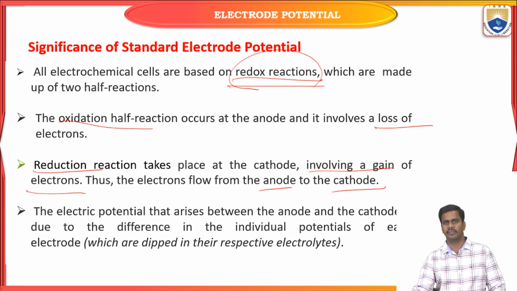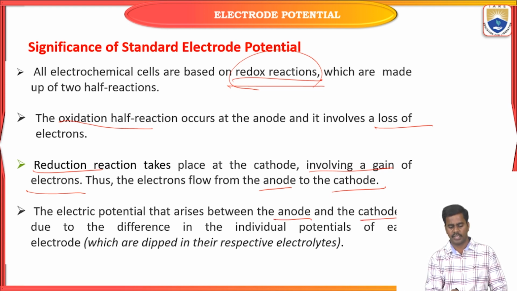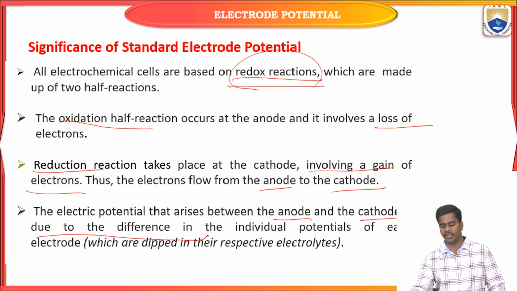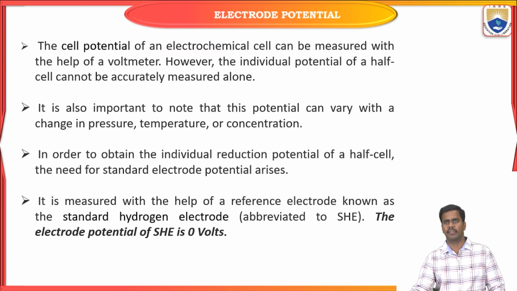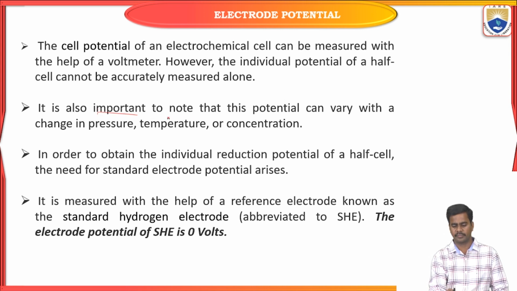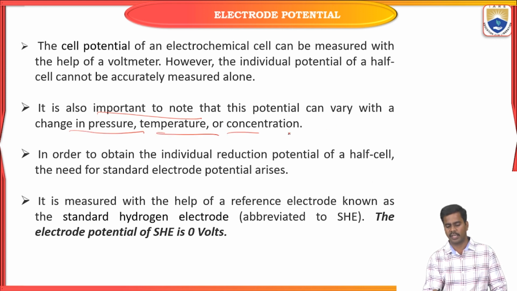The potential that arises between the anode and cathode is due to the difference in the individual potentials of each electrode. The cell potential of an electrochemical cell can be measured with the help of a voltmeter. However, the individual potential of an electrode cannot be accurately measured alone. It is also important to note that the potential can vary with changes in pressure, temperature, and concentration.